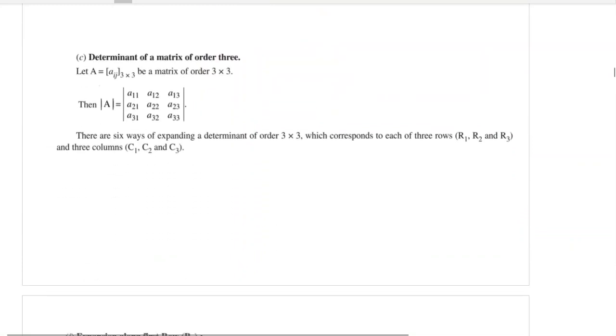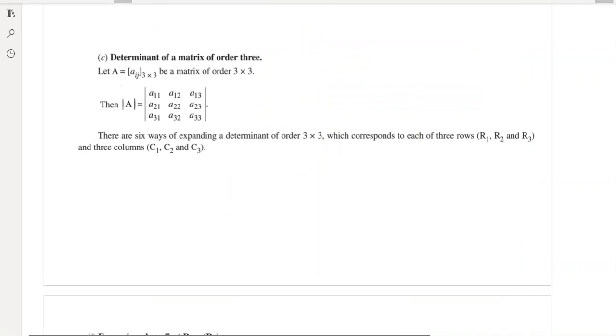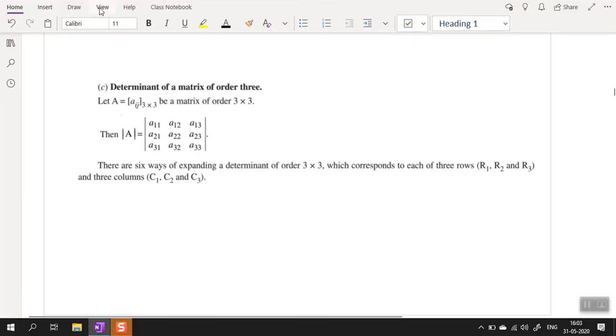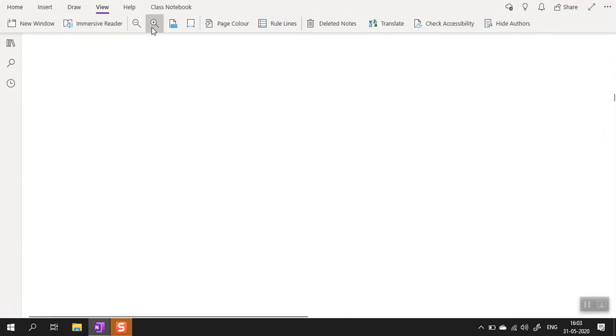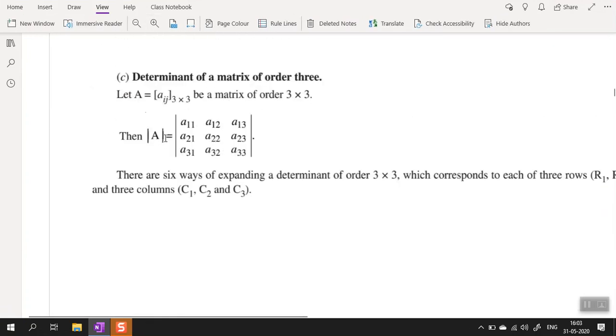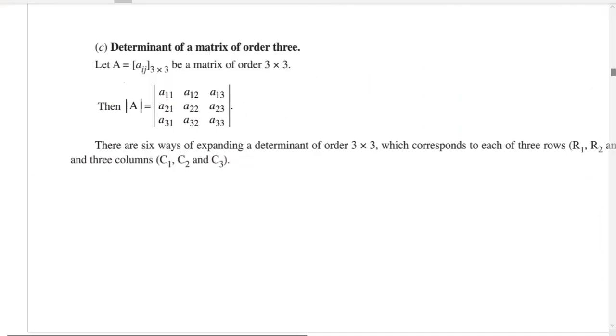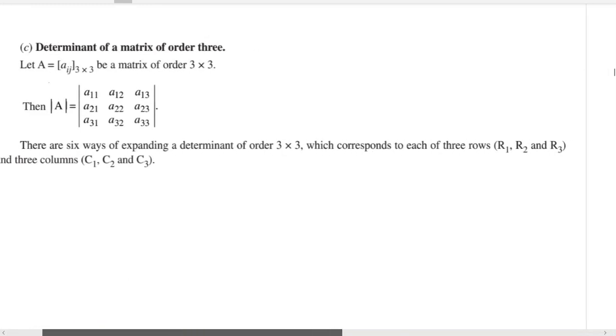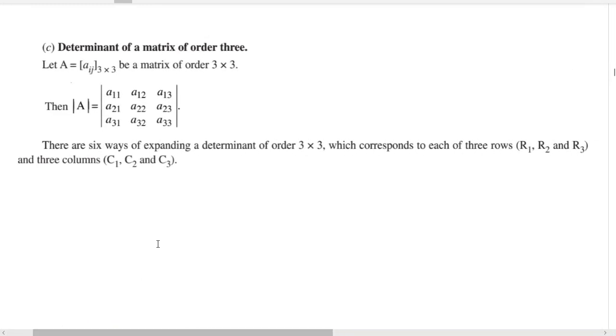Determinant of a matrix of order 3. How to find the determinant of matrix of order 3? Let's just zoom in a little bit. So let's imagine we have a 3 by 3 matrix, a matrix A of order 3 by 3, and this is how we represent its determinant.